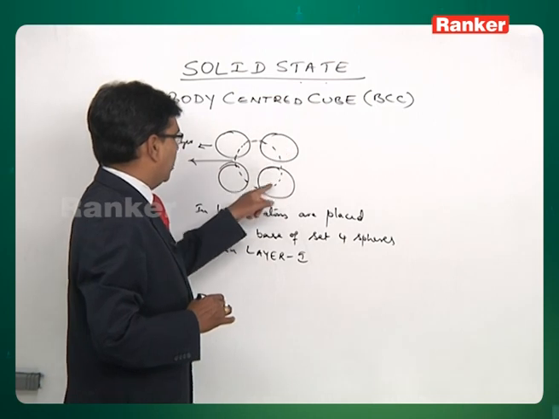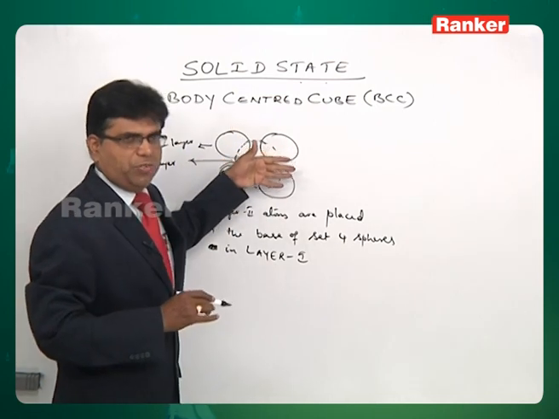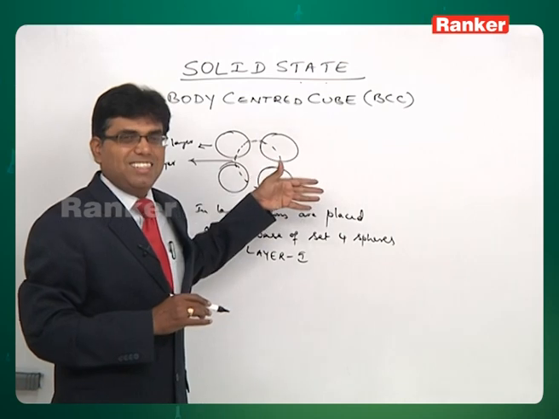So, these are the 4 spheres of layer 1, on top of them 1 sphere is kept, that will form the second layer.